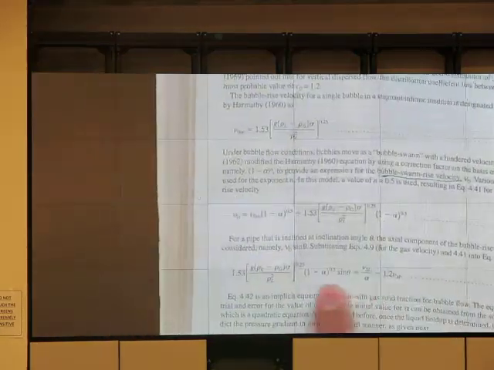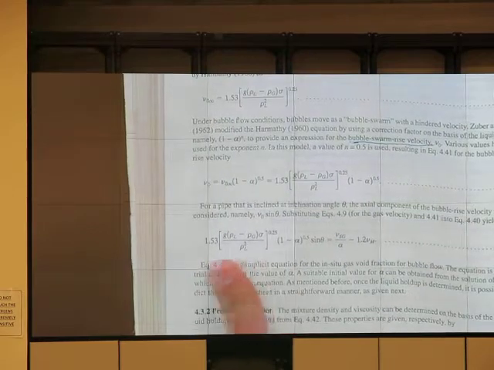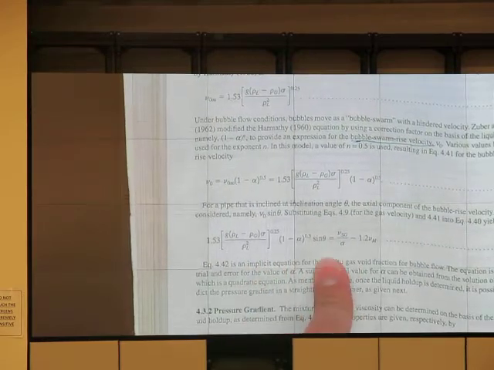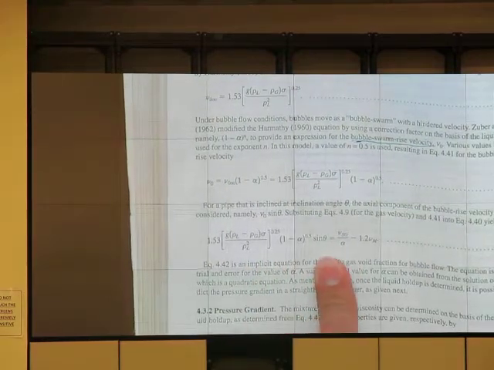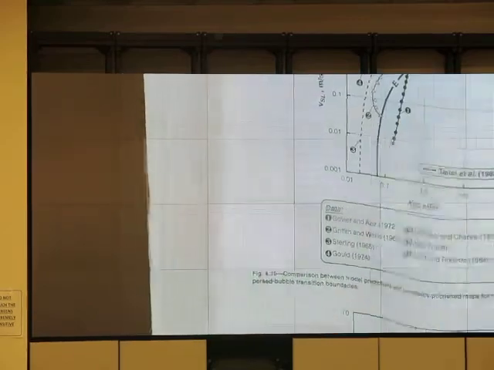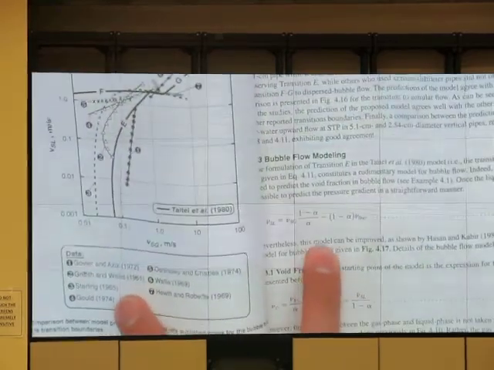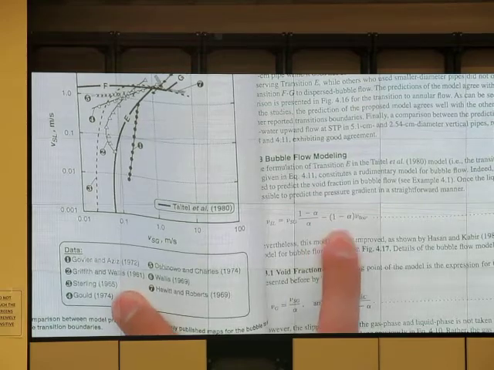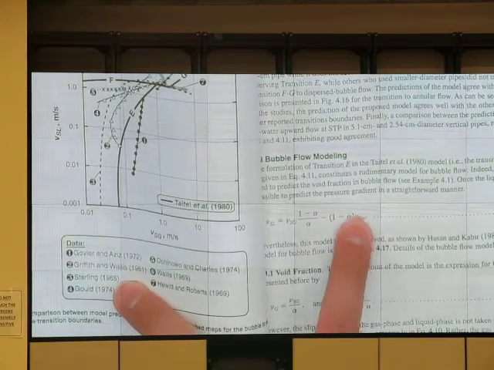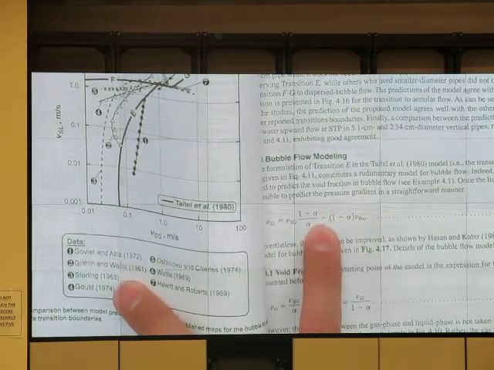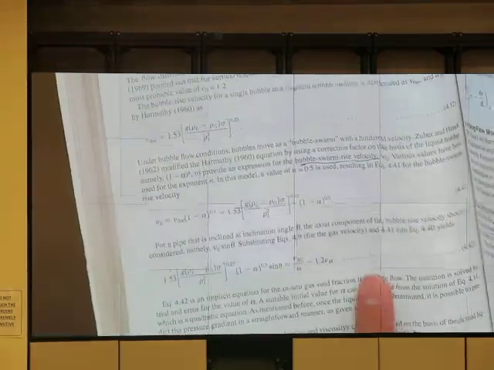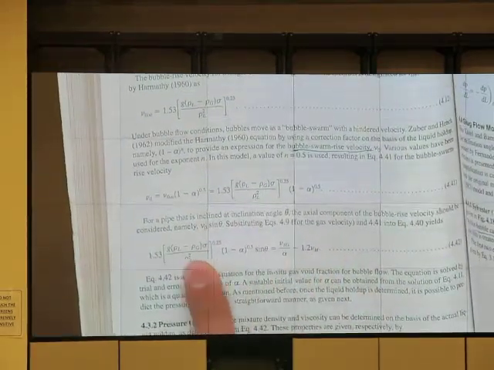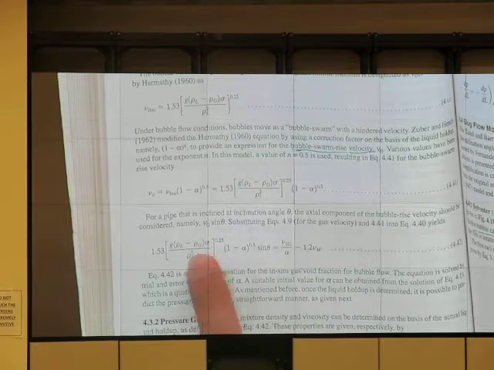So 4.42, this equation, Hassan-Kabir solved this. But Ansari used 4.11, just this simple form. This simple form has V0 infinity. Just solve this to get alpha. But Hassan-Kabir used this full form. It has sine thing, 1 minus something, something.